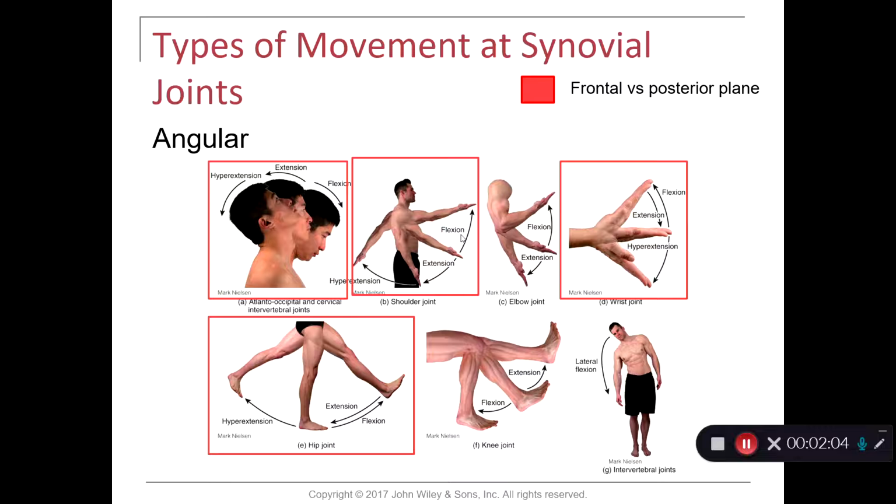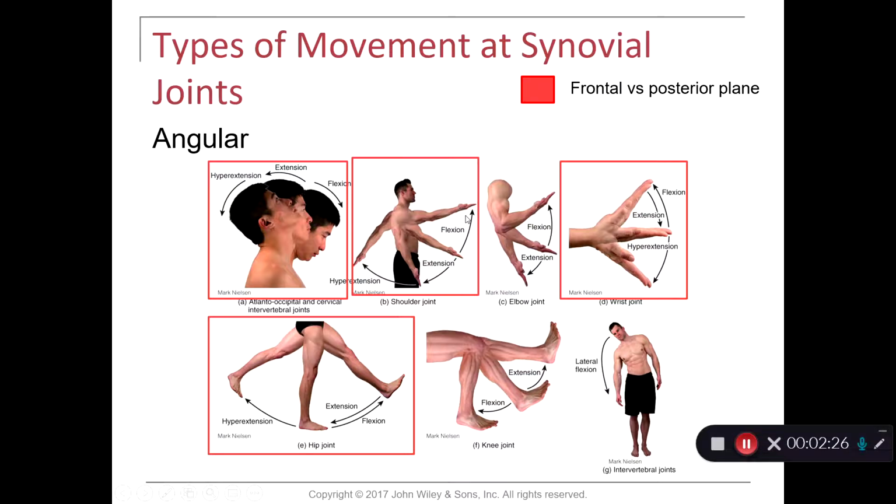It is a flexion. If you are returning back to anatomical position from the flexion position, you are actually extending. If you go behind the normal anatomical position, then you're hyperextending.